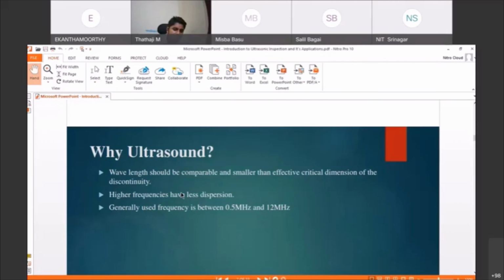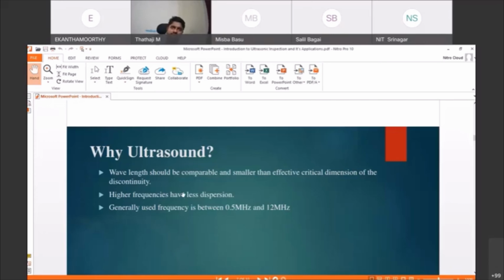That is the main motto. We look at that ultrasonic spectrum only, since it matches our detection requirements. Generally we use frequencies between 0.5 megahertz and 12 megahertz, which is most preferable, and mostly we use 5, depending on the application.